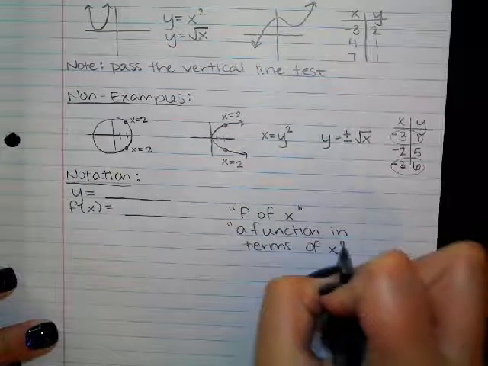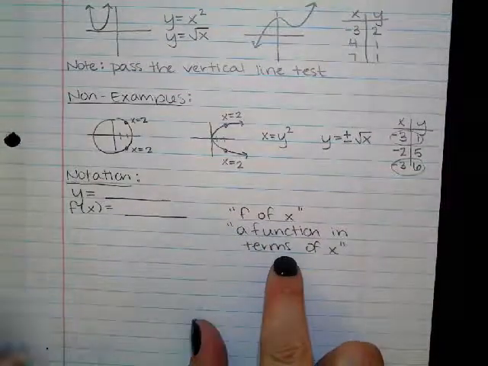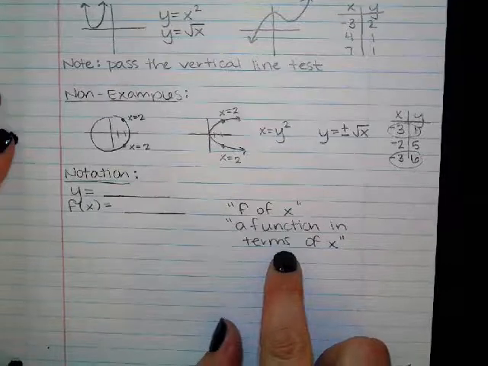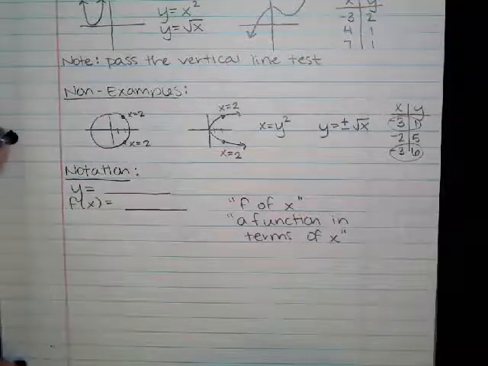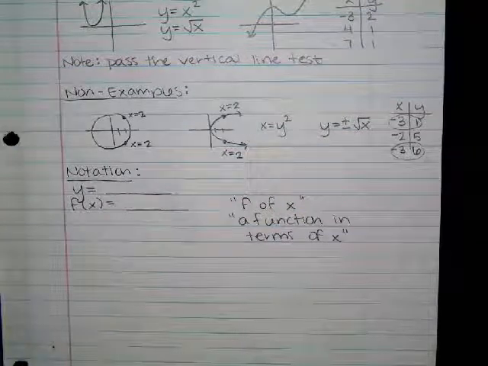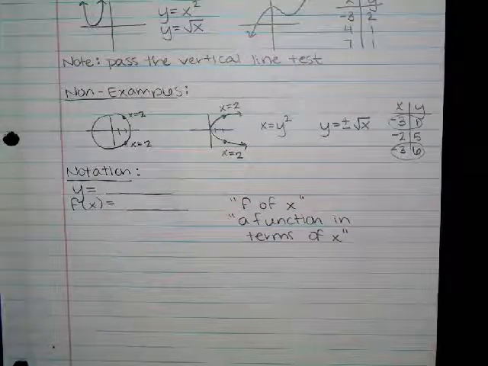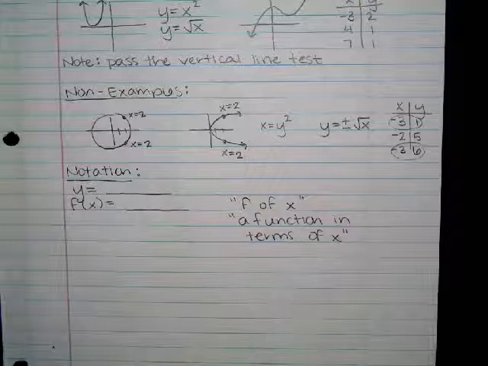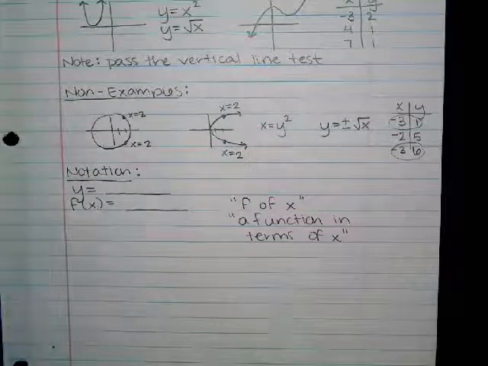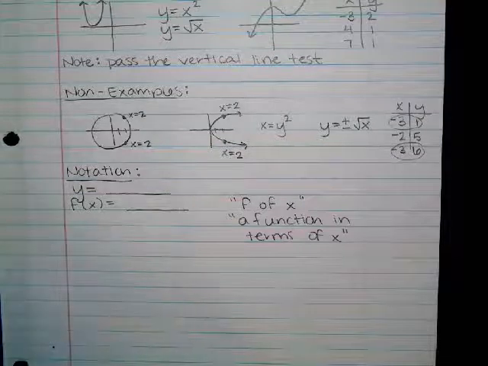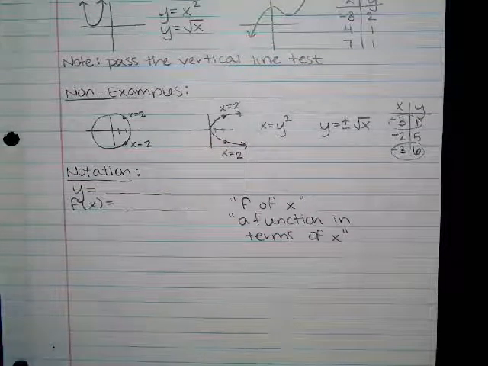Now, most people don't say that. That's a mouthful, so f of x is the way that you can say that. So we're going to work with the same equations we did before. We're just going to see f of x written more often. We're going to see y written less often. y and f of x are interchangeable. They are synonyms. They mean the same thing.